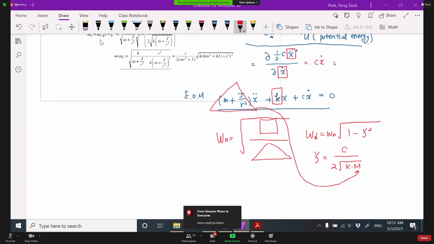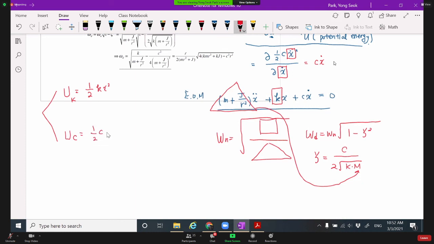Okay, so let's move on to Joseph's question. My question was also about the R, if that's only included when we have a damper involved in the system. Yes. Thank you. Since we go over that, let's take a look at this. U due to K is one half K x squared, right? Then what is the potential energy due to the damper?